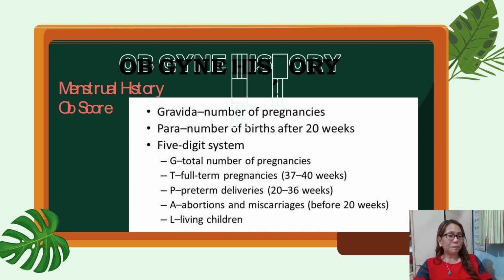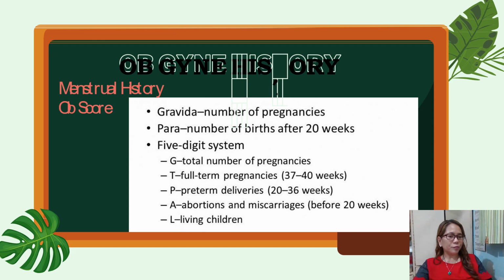Para or P, a number of births after 20 weeks. Para, parity yan. 5-digit system, yung GTPAL natin. So again, G stands for the total number of pregnancies, viable or not. Okay? Nabuhay o hindi. So, number of pregnancies yan.